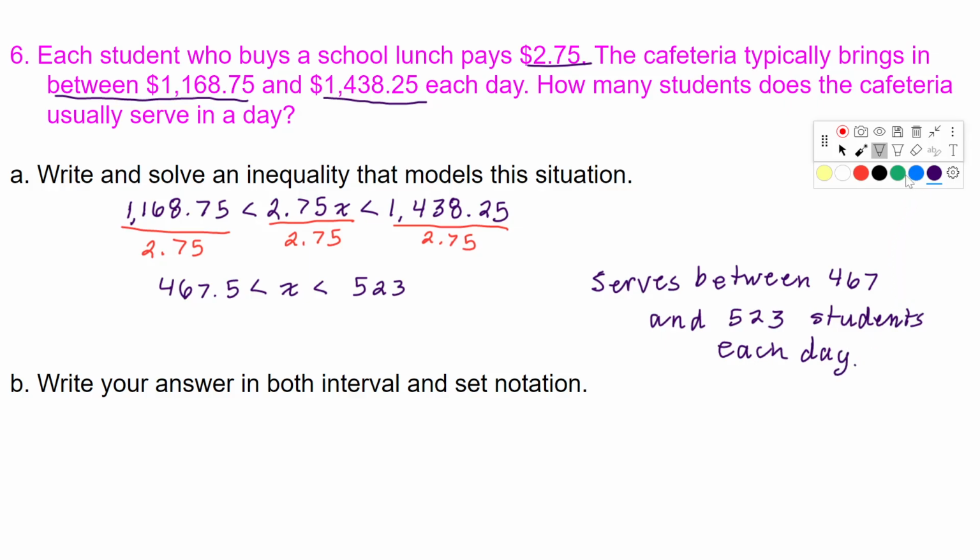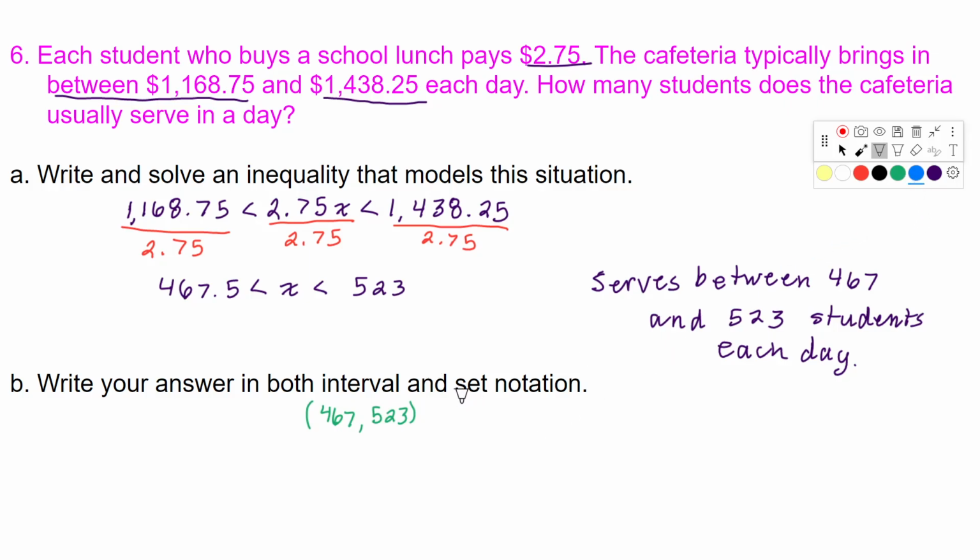So let's write our notations. Interval notation, it's between those values. So 467, 523. We're not including the values, that's why they're in parentheses.